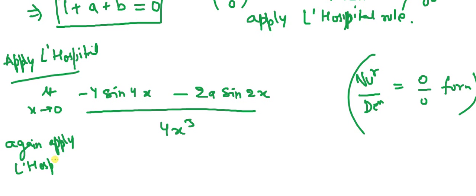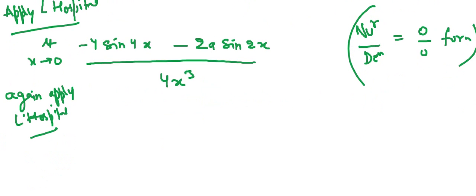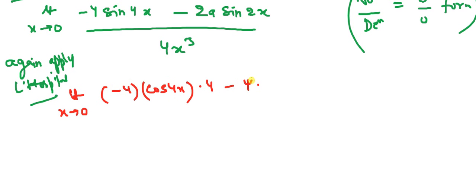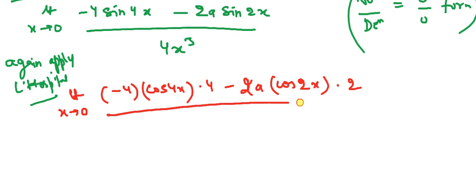L'Hospital. Why can we apply again? L'Hospital rule can be applied till the time we don't remove 0 by 0 format or infinity upon infinity format. So you'll find limit x tends to 0 of minus 4 was already there, cos 4x into 4 minus 2a cos 2x into 2, whole divided by 12x squared.